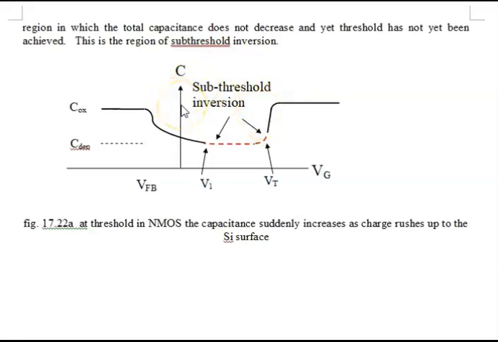So the 0 point is right about there, just a little bit below the threshold voltage. And we are certainly in weak inversion. So I want to know what would be the gate voltage such that I start to go into inversion. This is pure depletion. This is weak inversion.